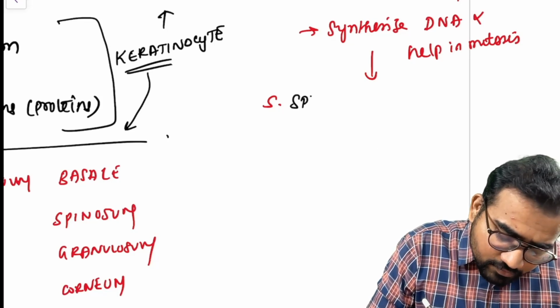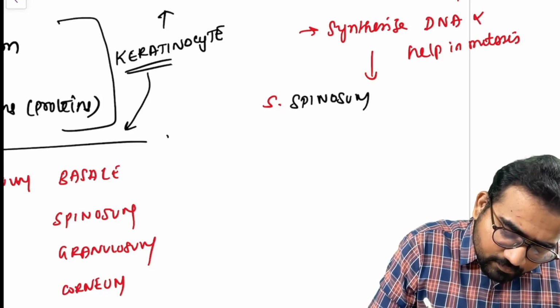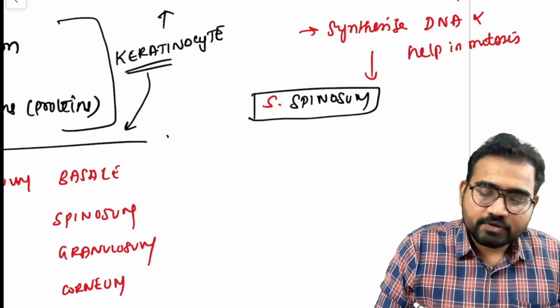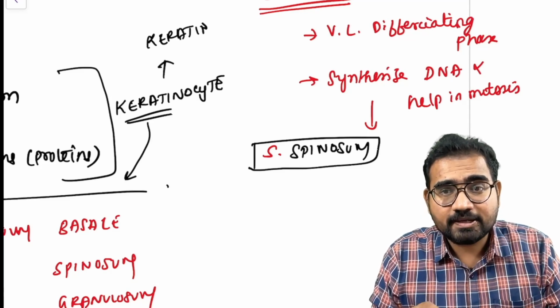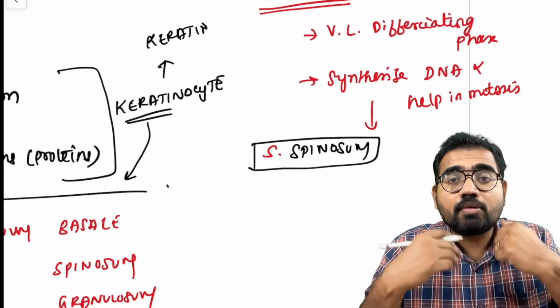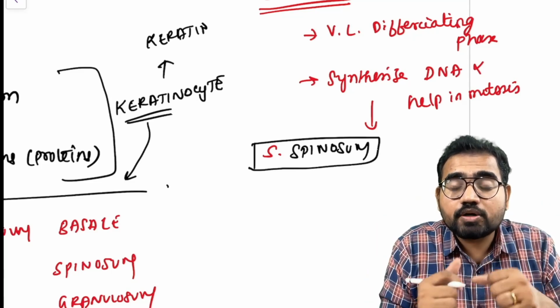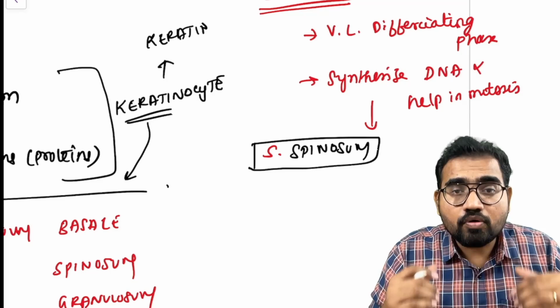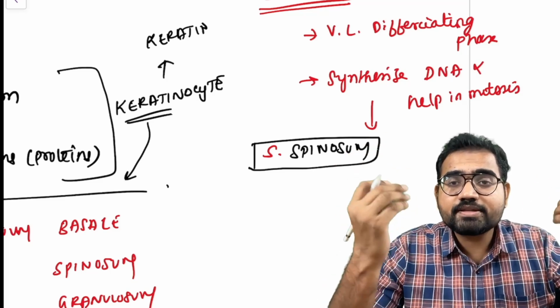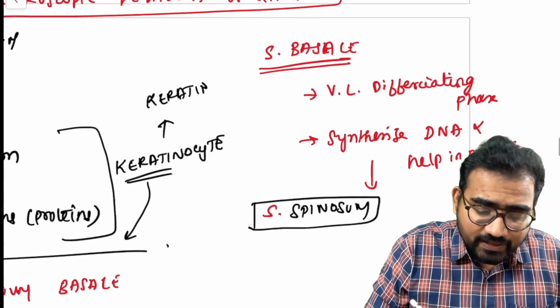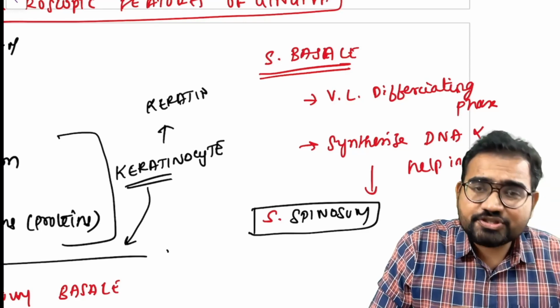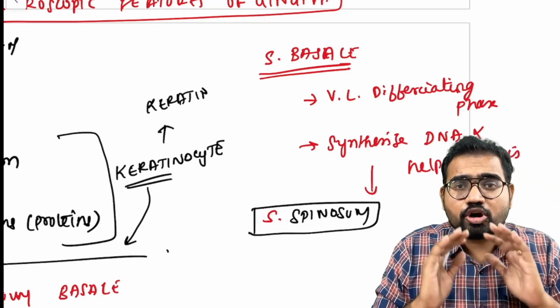Stratum spinosum. So these keratinocytes start to multiply, start to divide, and they move upward to the stratum spinosum.